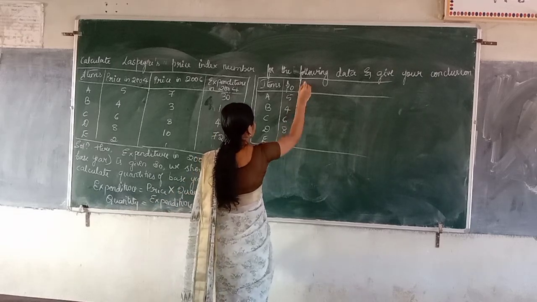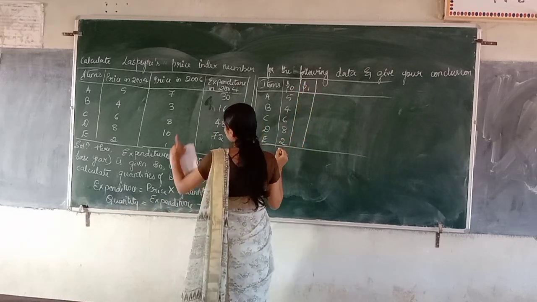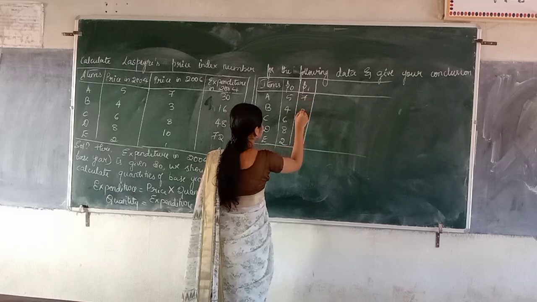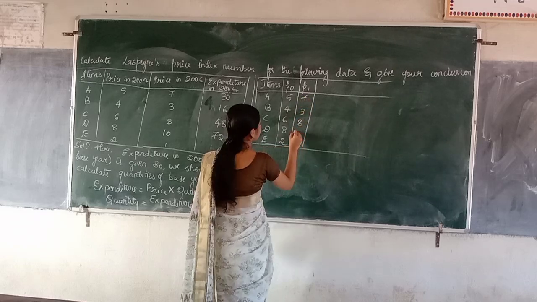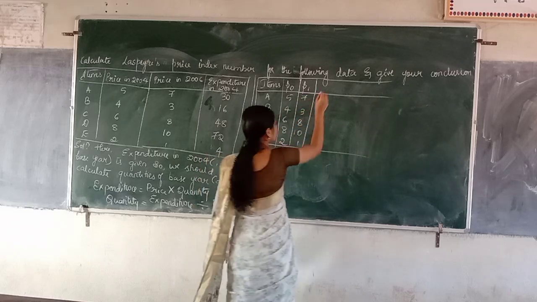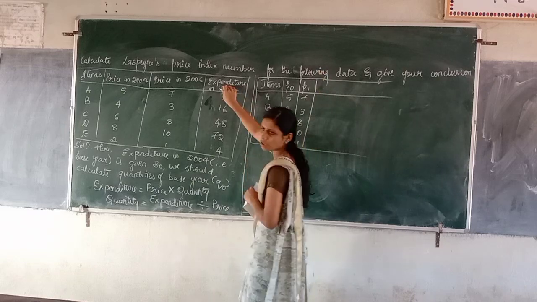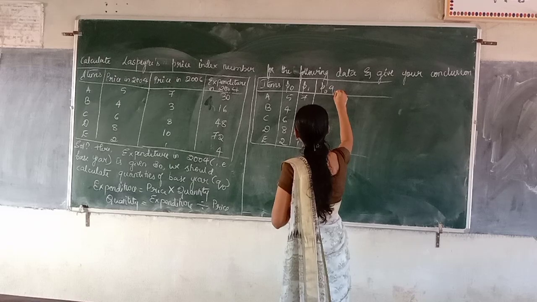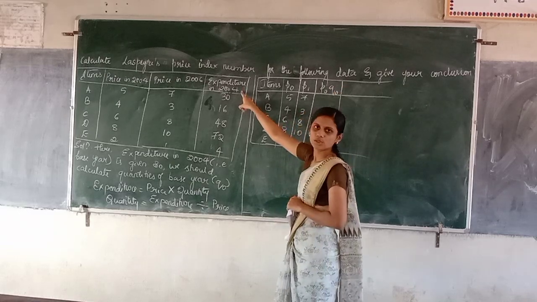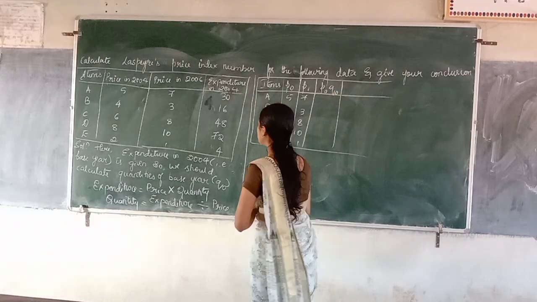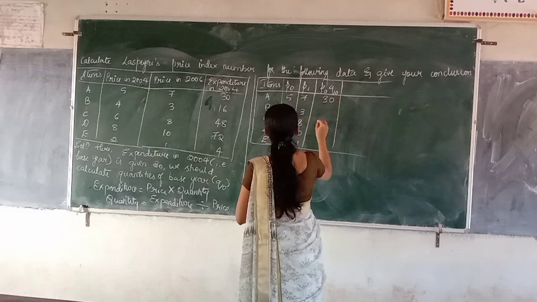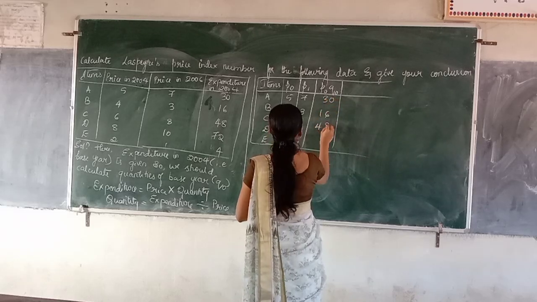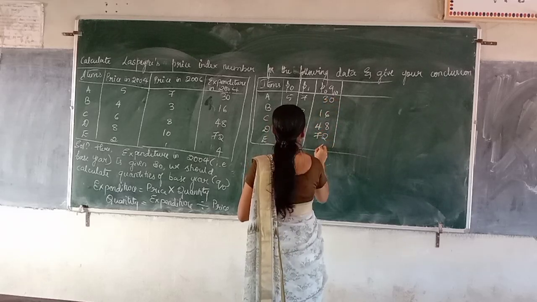Next, prices of current year, denoted by P1, are 7, 3, 8, 10 and 1. Next, we are provided with expenditure of base year, which is nothing but P0 Q0. It is 30, 16, 48, 72 and 4.